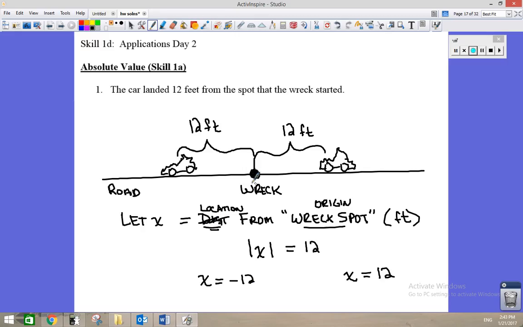So negative simply in our picture means to the left, and positive means to the right. So maybe this road was a northbound, southbound road. So 12 feet north of the wreck or 12 feet south of the wreck are the two possibilities of where the car landed. The problem isn't specific as to which one.